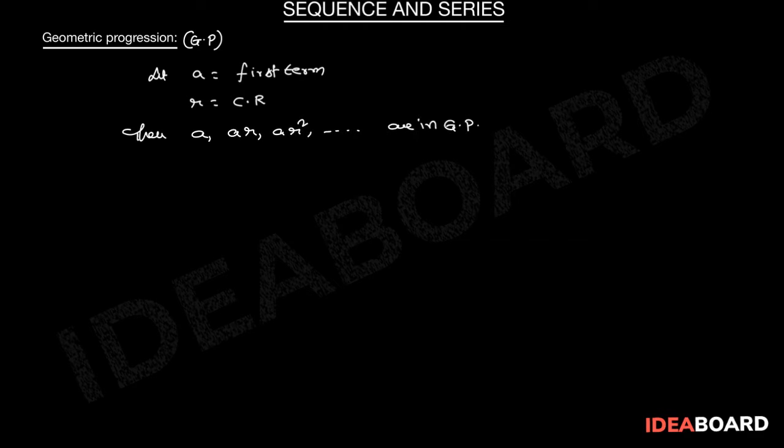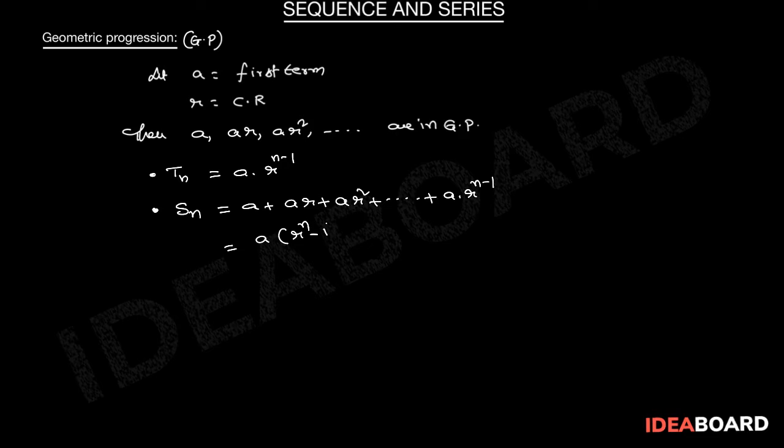In the geometric progression, the nth term is a into r to the power of n minus 1, and the sum of n terms Sn equals a plus ar plus ar square plus and so on plus a into r to the power of n minus 1, that equals a into (r to the power of n minus 1) by (r minus 1).